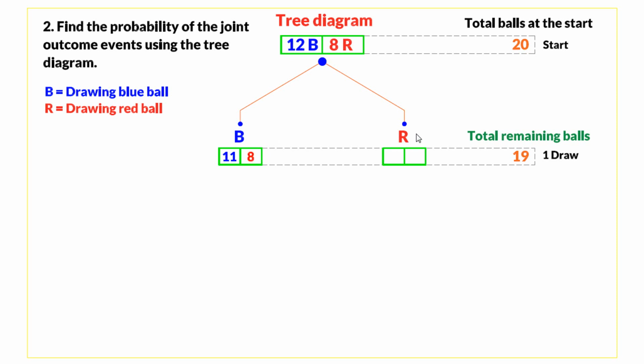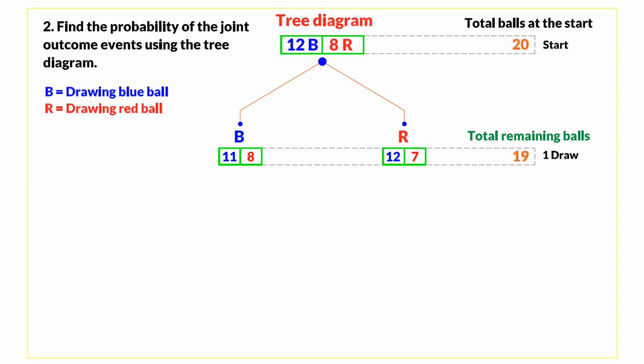But if we pick one red, then the number of remaining red would be 8 minus 1, and that is 7, and the number of remaining blue would be 12. So now we can see that 12 plus 7 is 19, and 11 plus 8 is also 19.